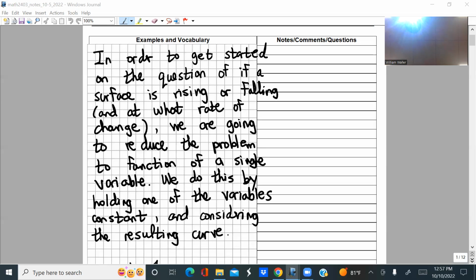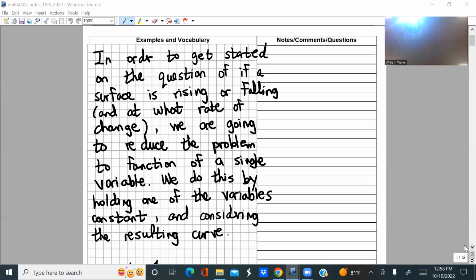Now, if you hold x or y constant, then that essentially eliminates 1 variable from the equation, because that variable becomes a number now, not a variable. And so you end up with an equation with 2 variables. And that's what we're used to dealing with in calculus 1. We have the input variable and the output variable. So that's what we're going to do here. We're going to turn the calculus 3 problem into a calculus 1 problem just by holding one of the variables constant.